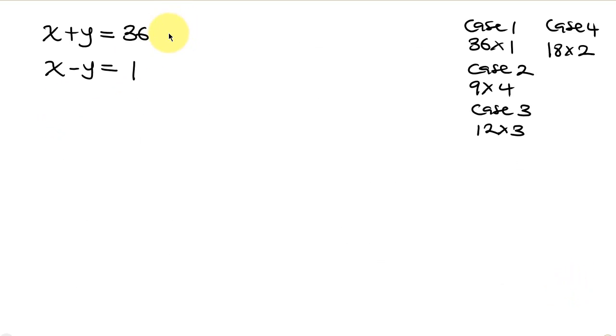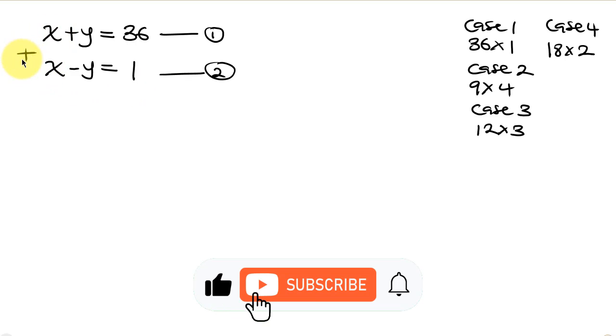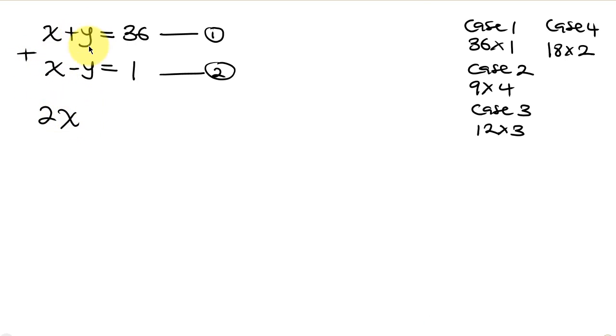Very good. So we can call this equation 1 and call this equation 2. Now we're going to be adding equation 1 and 2. So let's add. x plus x is 2x. And then y plus times minus is minus, so y minus y is 0.